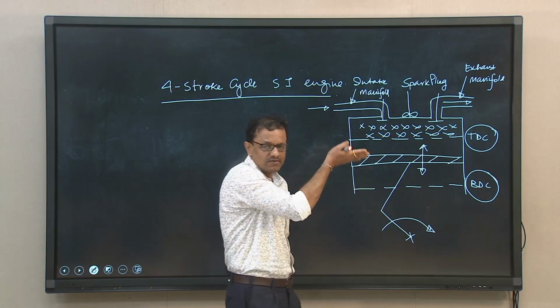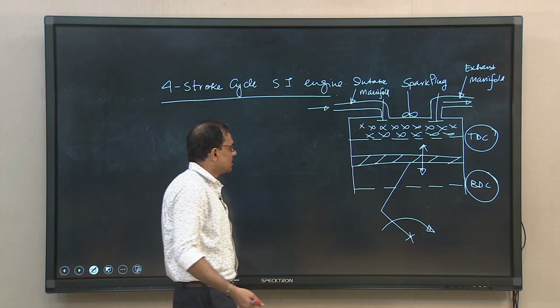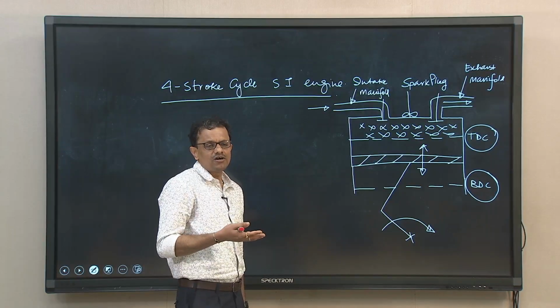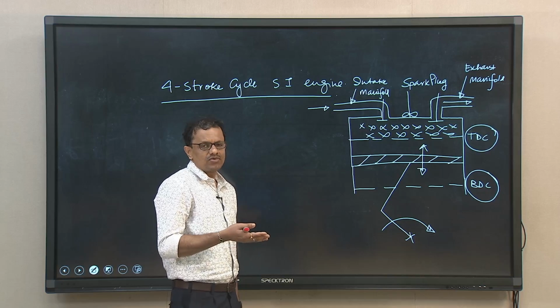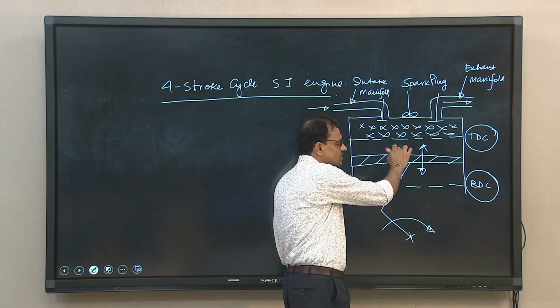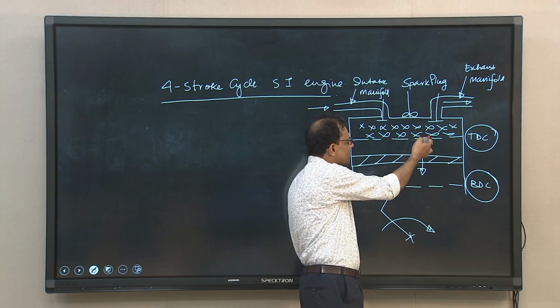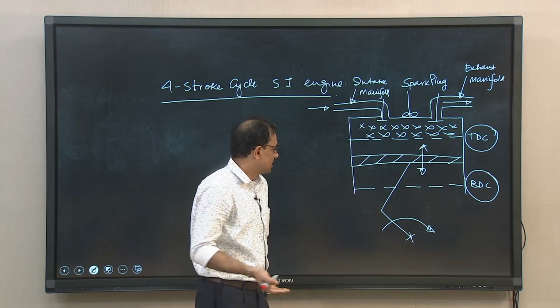So, this is approximated as a constant volume combustion, and because of this combustion we will have a substantial amount of energy in the form of heat, and pressure also. That high pressure creates a thrust on the piston face which allows the piston to travel back from TDC to BDC again, and that is the power stroke.